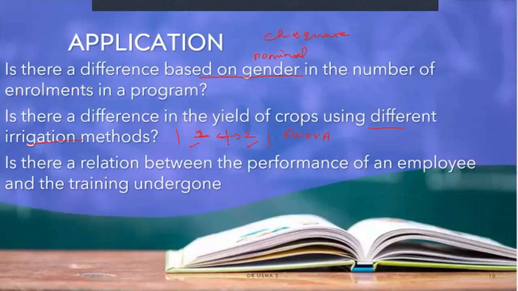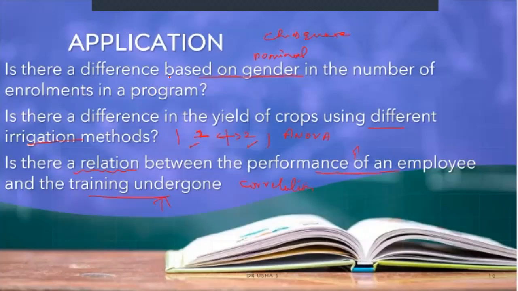Next one is there a relation between the performance of an employee and the training undergone? So here you're trying to find out, is there a relation between two variables, performance of an employee and the training that the person has undergone? So here you're trying to find out the correlation. Are the two related? If this increases, if the training increases, is the performance increasing?